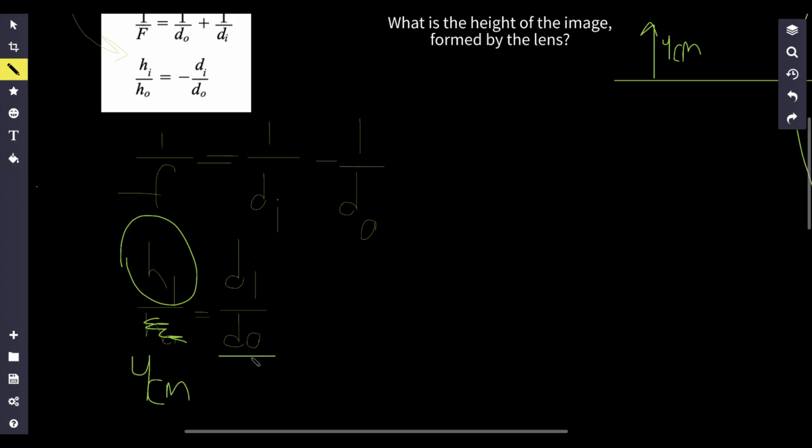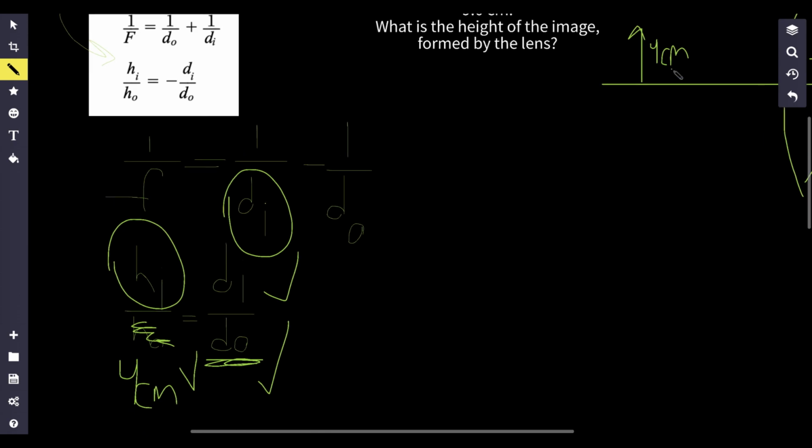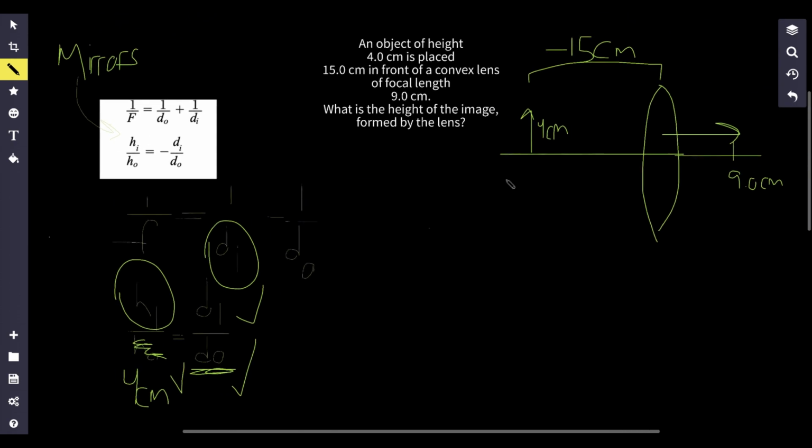But to get the magnification, I have to solve for the distance of the image. So this is a two-step problem. Once I know the distance of my image, the distance of my object, and the height of my object, I can solve for the fourth unknown variable.